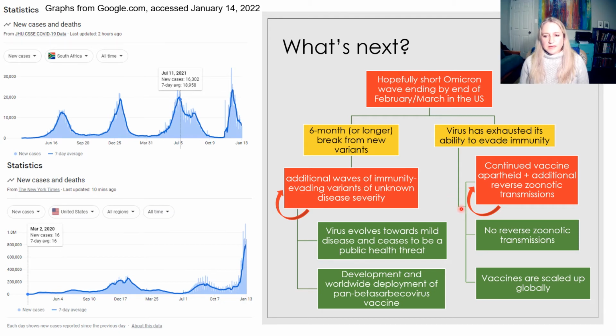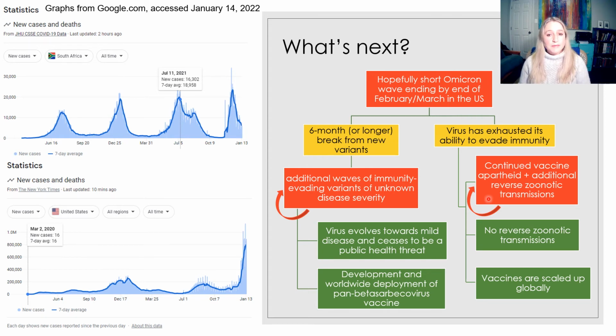One is if it's true that Omicron represents a reverse zoonosis, as we just discussed, then as long as there are people who are not immune, or who have been infected through natural infection and haven't been vaccinated, their immunity has been shown to wane in just a matter of a few months. And people can get reinfected. So if it's a reverse zoonosis, there may be more reverse zoonosis in the future.